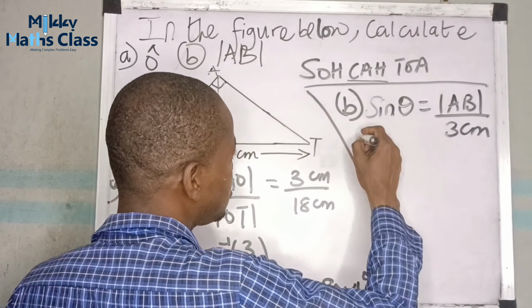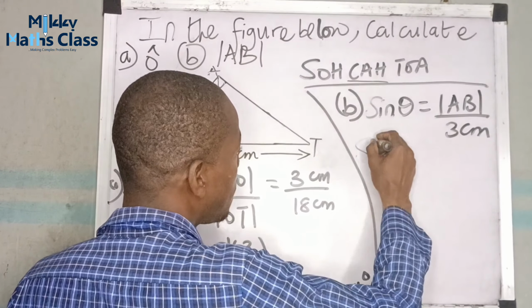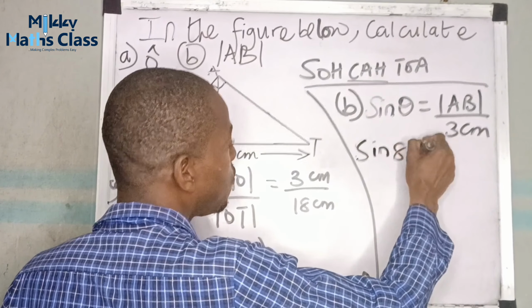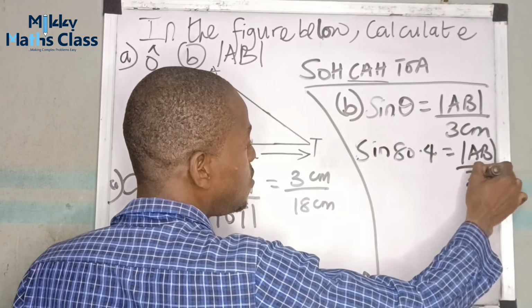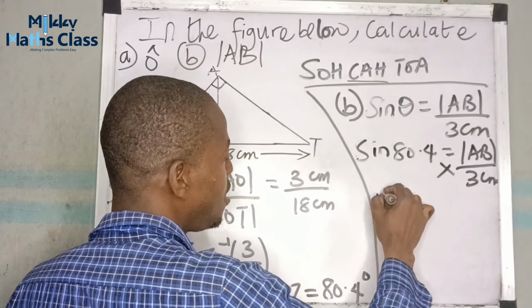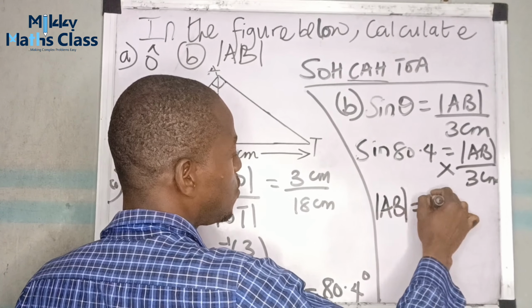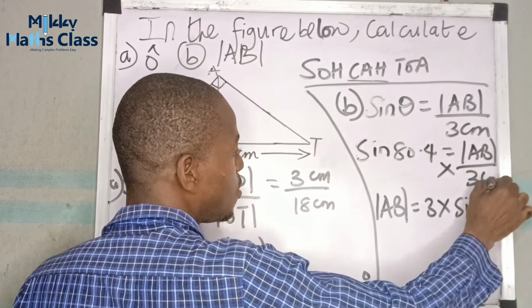So sine 80.4 is equal to line AB over 3 cm. We can cross multiply to find our AB. So line AB is equal to 3 times sine 80.4 degrees.